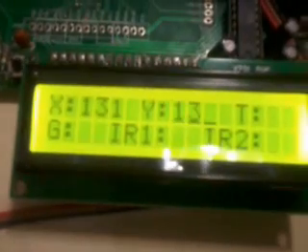T is the temperature, G is the gas, IR1 is the front obstacle and IR2 is the back obstacle. In the IR obstacle sensor, the black one is the receiver and the white one is the transmitter.